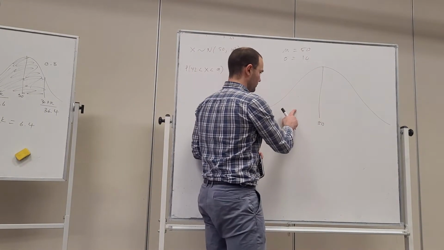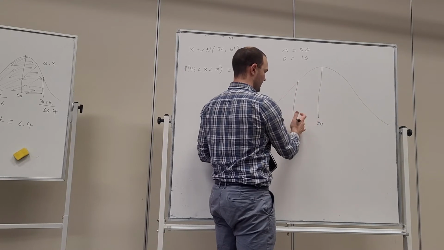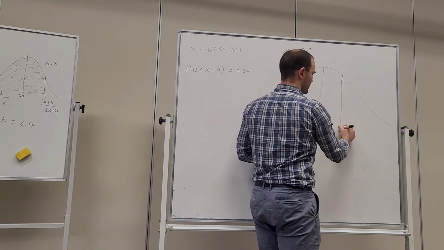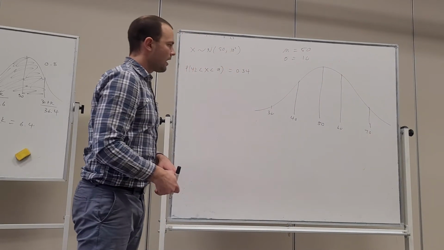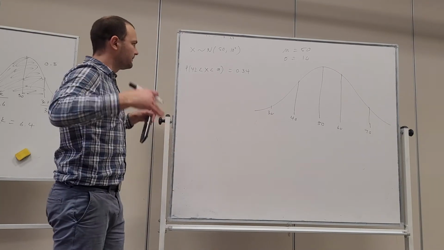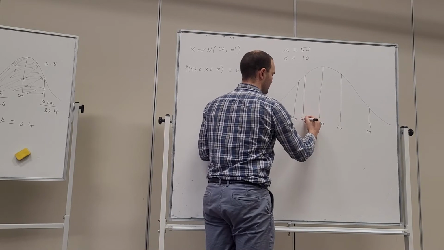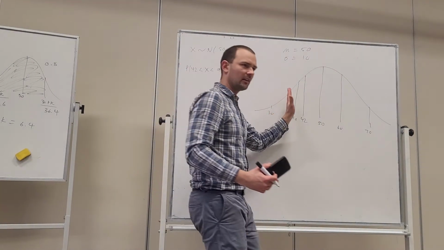Now I might just draw a few standard deviations up here as well. The standard deviation is 10, so that's going to be 40, then we have 30. Going up this way, we would have 60 and 70, etc. Now 42 is going to be here somewhere, and A is going to be somewhere larger than 42.